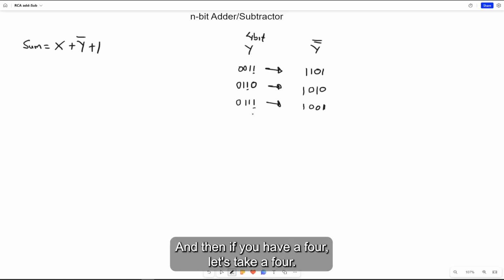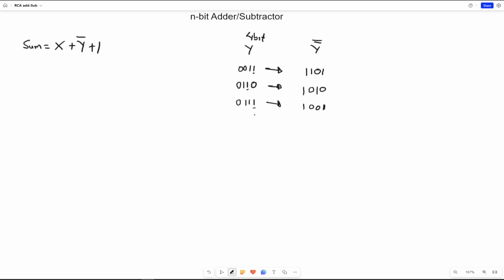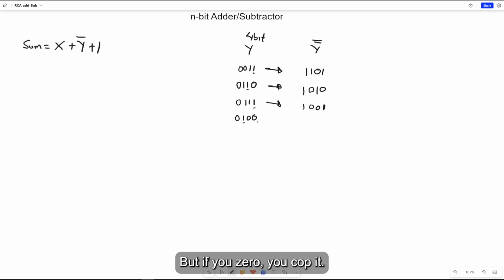And then if you have a 4, let's take a 4. So 0 1 0 0. Look at the first bit that you have 1, but if it's 0, you copy it. So 0 0 1, and you flip the last bit.